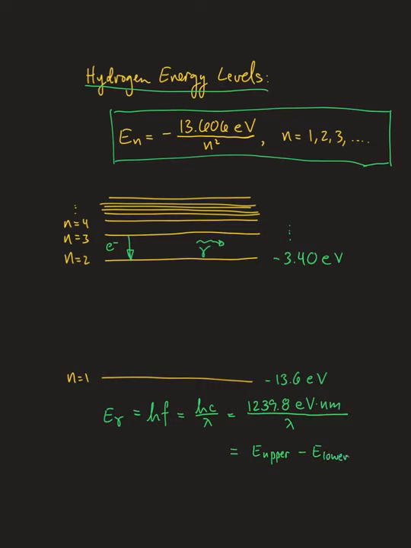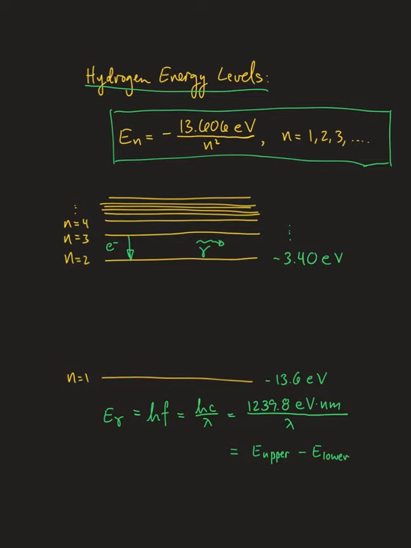It turns out that the transitions that terminate at n equal to 2 here are the ones that we can see. If an electron goes from the n equals 3 level down to, say, n equal to 1, then that will be in the ultraviolet and our eyes can't perceive it. Or any transition from one of these upper levels down to n equal to 1 is not visible for us.